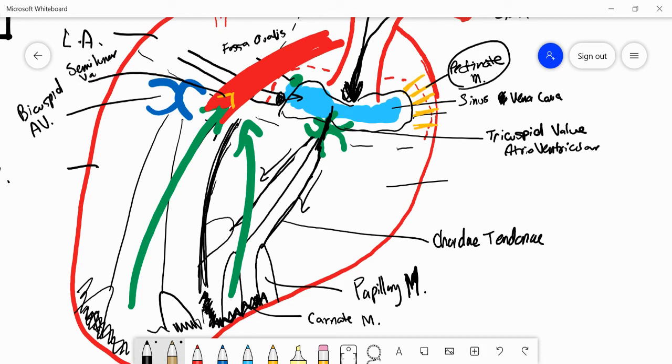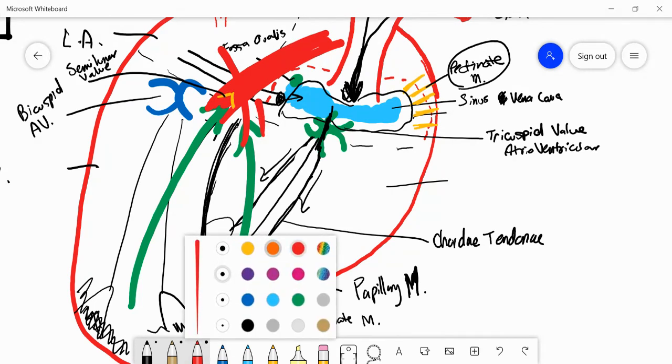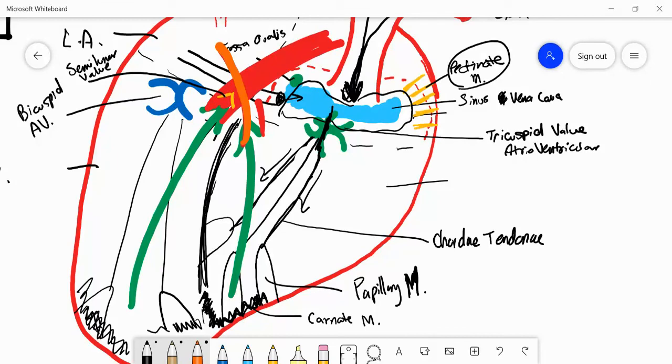Semilunar valve, and this valve is going to be the same on the right and the left side of the heart, because you'll see on the other side, we also have this blood leaving from the right side of the heart, going to get oxygenated, and it's going to be going through the pulmonary trunk. And this pulmonary trunk is also going to have its own semilunar valve, and these are both the same type of valve.